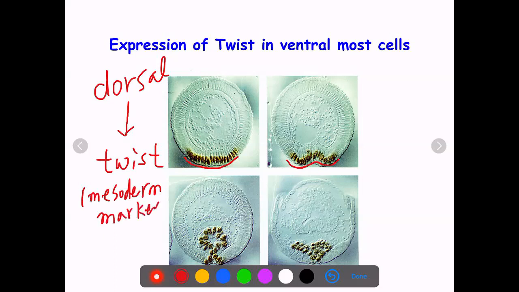Cells producing twist will become mesoderm. They will undergo invagination and form a tube, and then it will be internalized and collapse, and those cells migrate to many different places. So this is the mesoderm marker, and I would say it's a dorsal target.